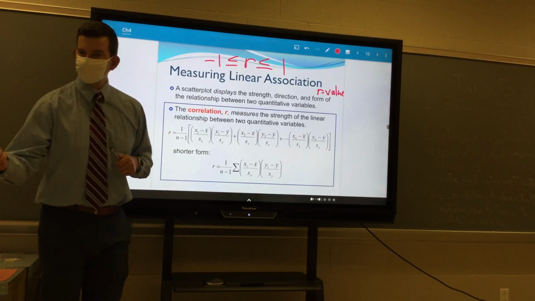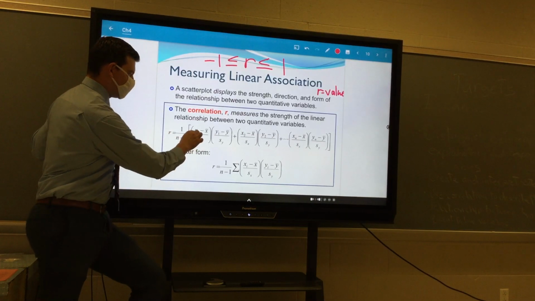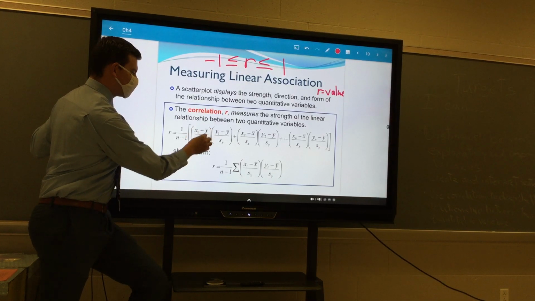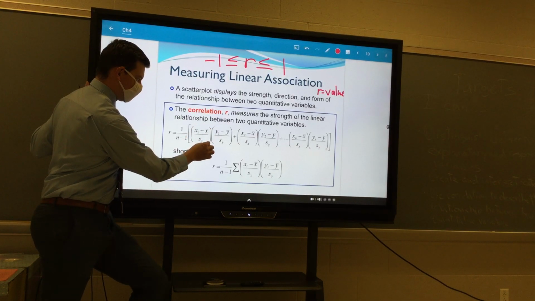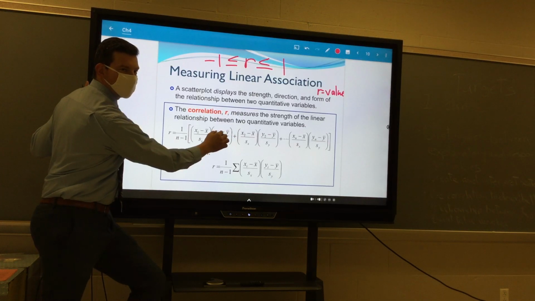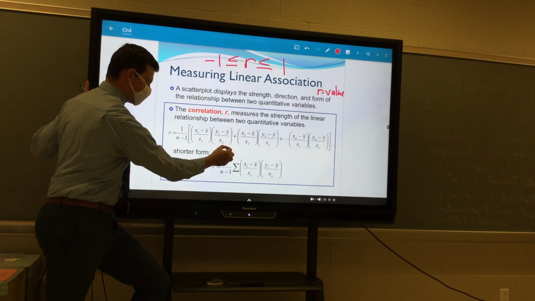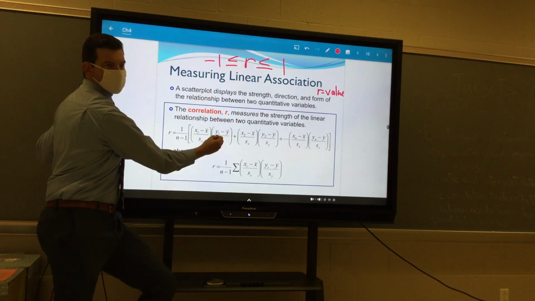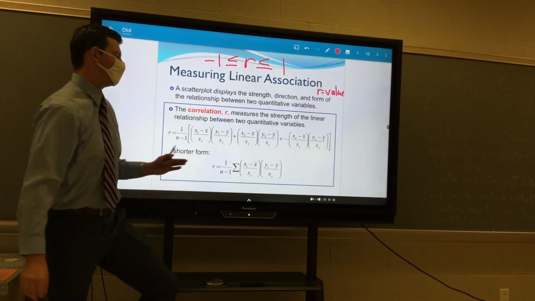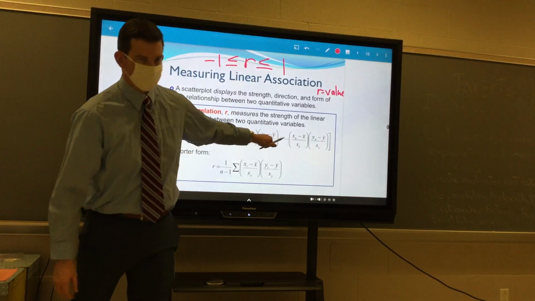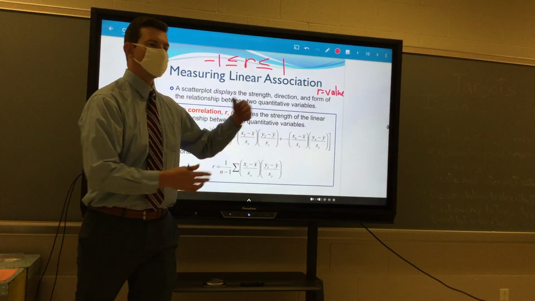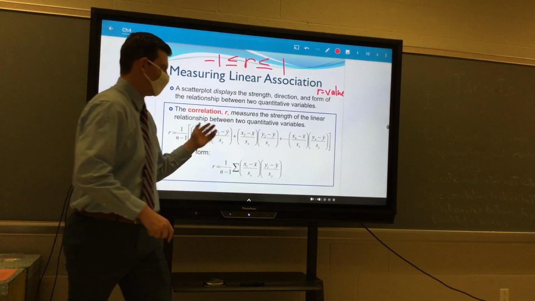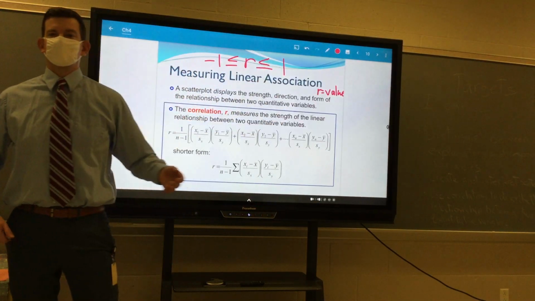So, like with standard deviation, you're taking every x value, subtracting away its mean, and dividing by the standard deviation. Do that with the y value as well: y1 minus its mean divided by its standard deviation, and you're multiplying those x and y values together. Add on x2, y2 minus each mean divided by each standard deviation, multiply them together, and then you're on to the next one, and the next one.